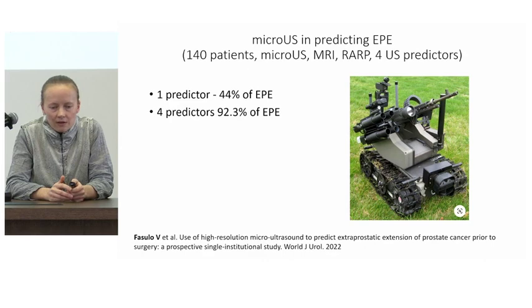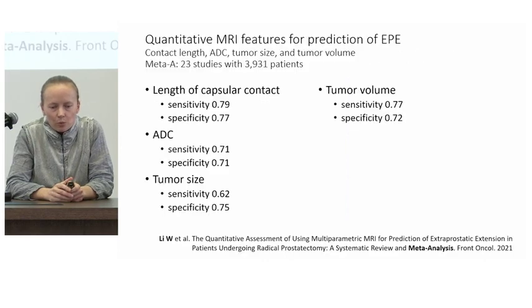And another: what if we use our swords for shooting instead of cutting and chopping? We were talking only about qualitative MRI features, but what about quantitative assessment? Here's the attempt of Lee, a meta-analysis of 2021.